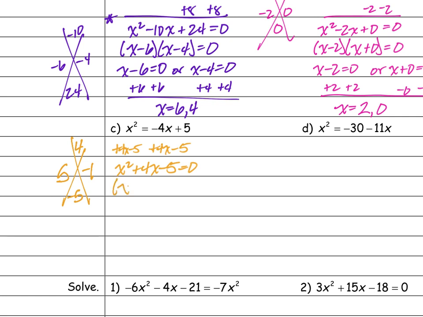So I've got x plus 5 times x minus 1 equals 0. So x plus 5 equals 0, or x minus 1 equals 0. So x is going to equal negative 5 or positive 1.